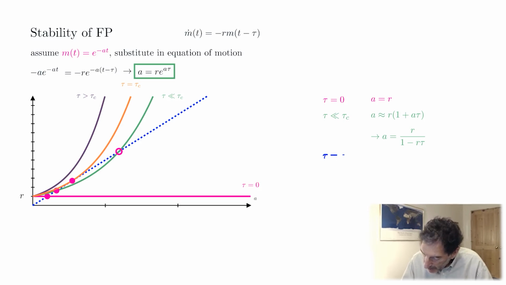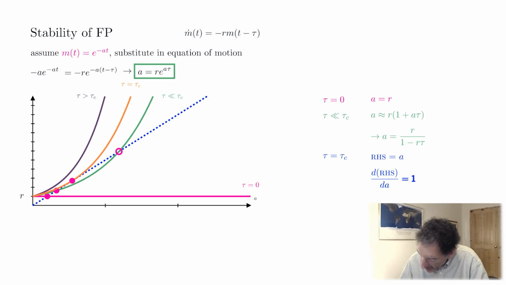So at tau equals tau c, there are two conditions that we have to satisfy. First of all, the right-hand side of the equation in the box has to equal a. That's the condition that there is an intersection. But we also need the derivative of the right-hand side with respect to a to be equal to 1 at the kissing point.